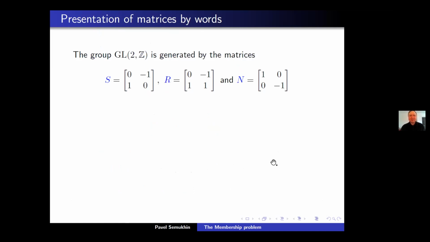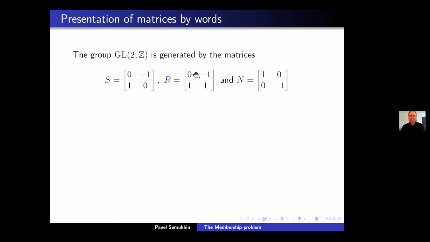Okay, now we need some facts about the group GL2(Z). It's known that this group is generated by three matrices, which I will call S, R, and N. S is the matrix (0, -1; 1, 0).